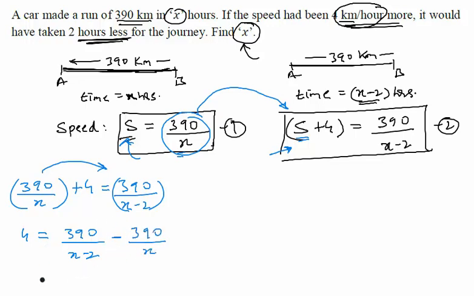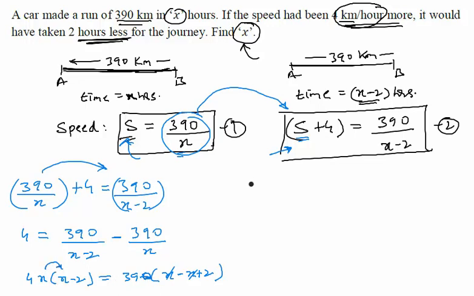If you take 390 common and take LCM, as well as cross multiply it, you will get 4 into X into X minus 2 equal to 390 into X minus X plus 2. This X will get cancelled out, right? So now you are basically going to get a quadratic equation when you open this bracket, right?